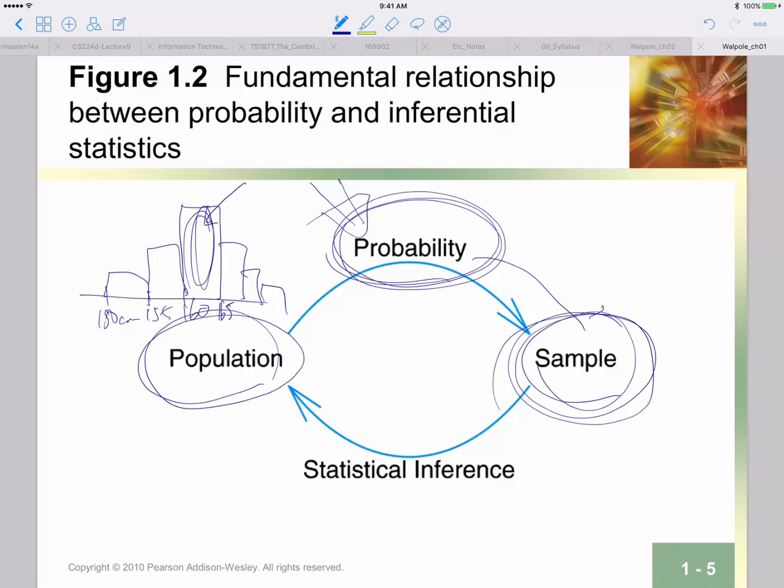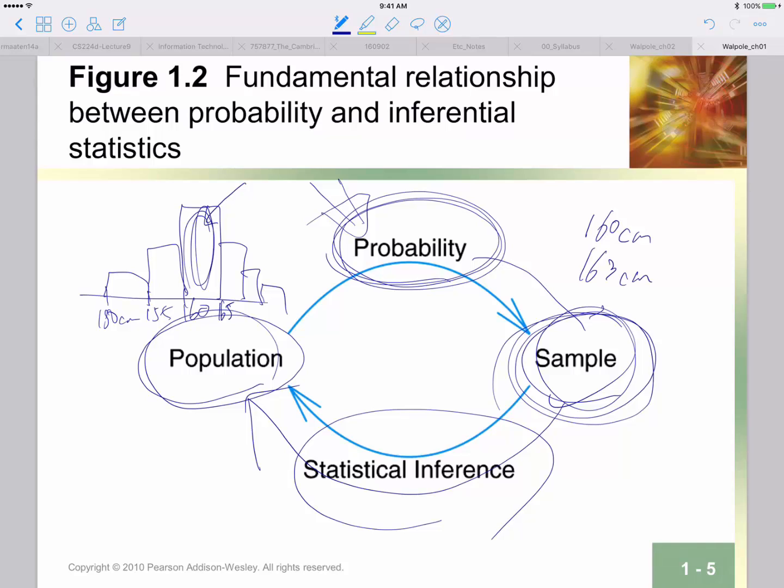And from the sample we can do statistical inference. Suppose we obtained 160, 163, 171, and 148 centimeters. What will be the mean of the true distribution?